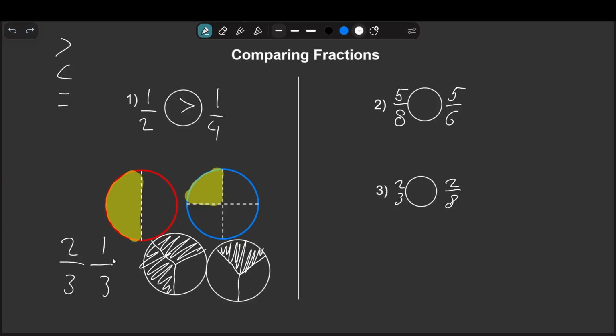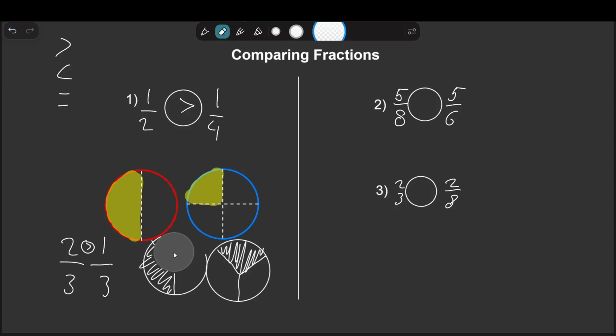If the denominators are the same, we have to compare the numerators. Which one is bigger? The 2. So this one is larger than this one. If this was an example question, it would be larger than or greater than.